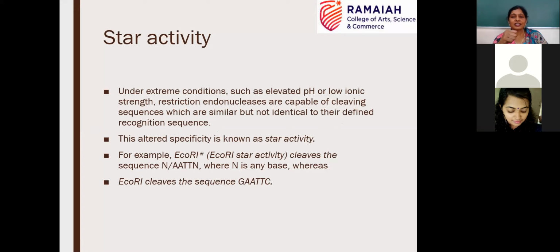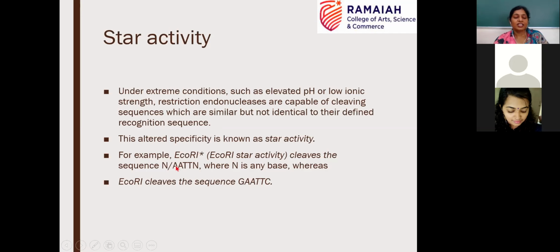Their defined recognition sequence slightly varies under certain extreme conditions. That means the specificity of their activity is reduced. Such reduced specificity of restriction endonucleases is called star activity. This altered specificity is known as star activity.